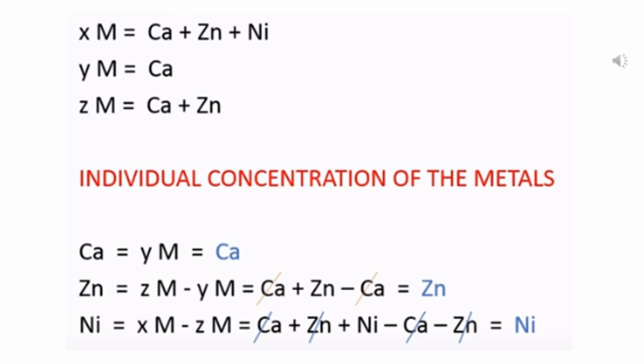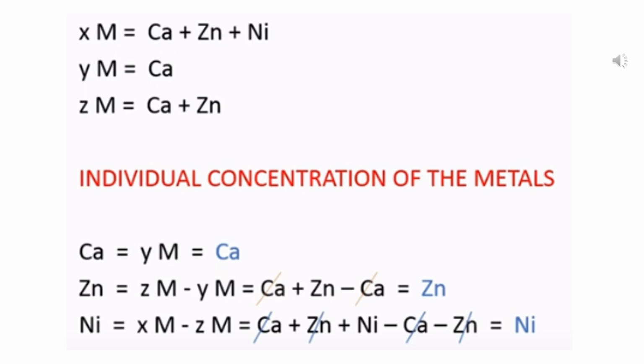From the above example, we see that Xm is equal to calcium, zinc and nickel, in which all three metal ions can react with EDTA. Ym, in which the masking agent potassium cyanide is used, is equal to the calcium concentration, in which only calcium can react with EDTA. And Zm is the titration in which calcium and zinc can form complexes with EDTA, but nickel cannot.